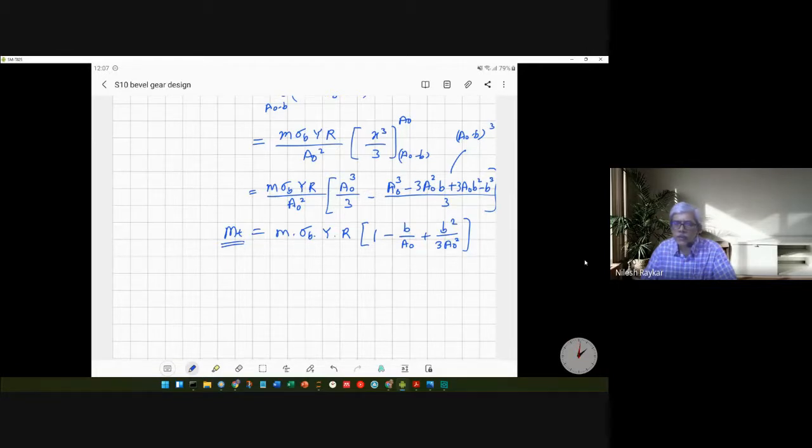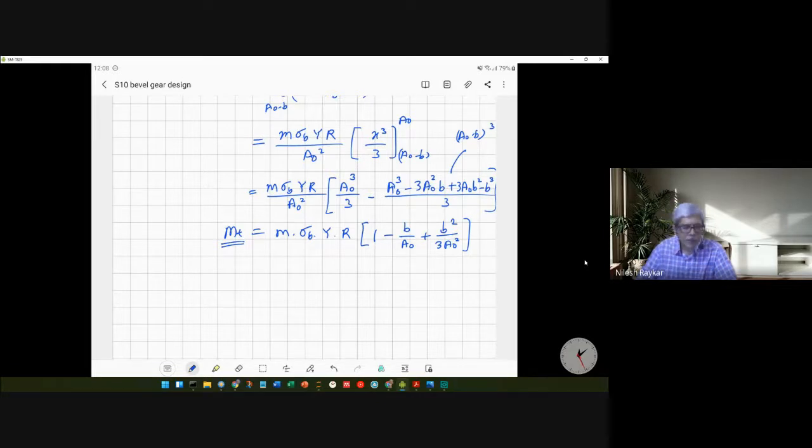In force analysis, we calculated the forces to be concentrated at the midpoint of the tooth. Here, for the strength calculation, we are in line with the other dimensions. Since the dimensions are always known at the large end, we assume the force to be concentrated at the large end in order to establish the beam strength equation for the bevel gear.